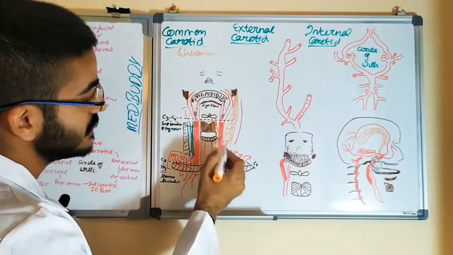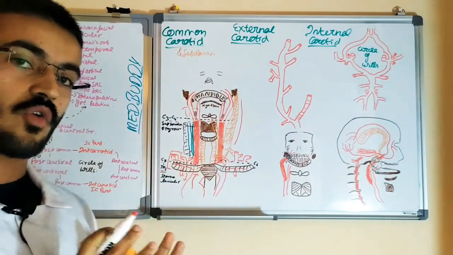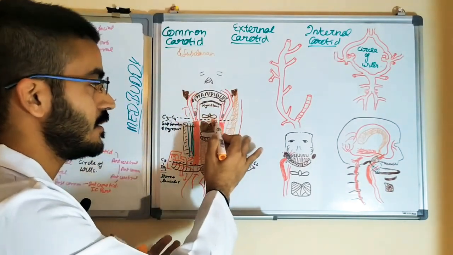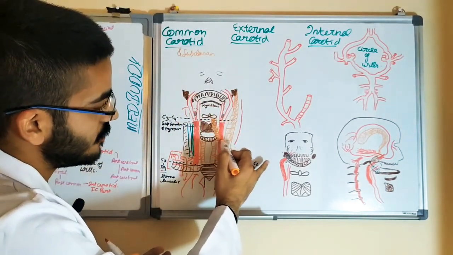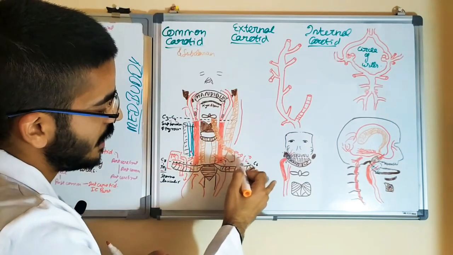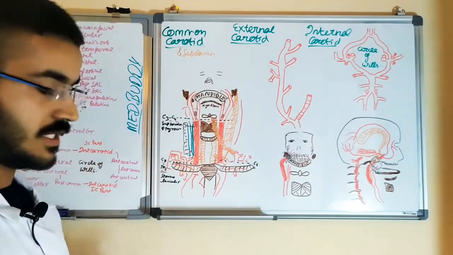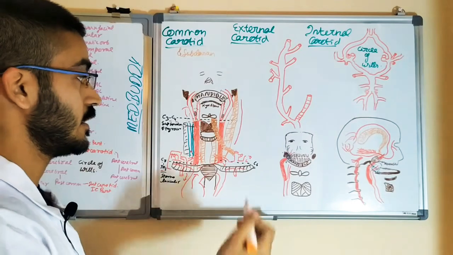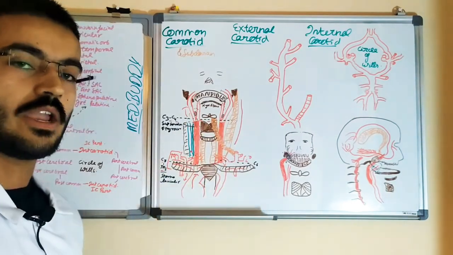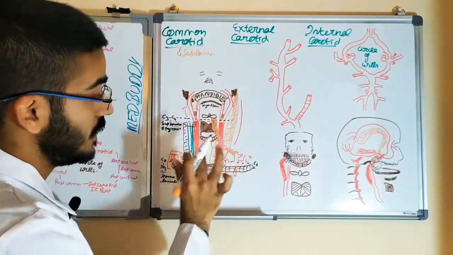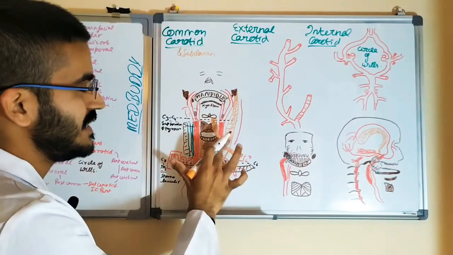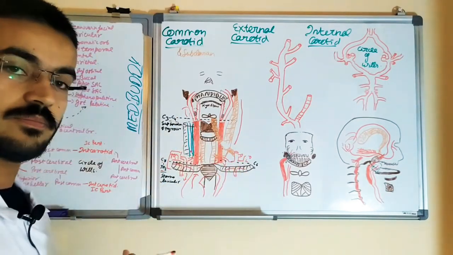This artery is crossed from the medial side to the lateral side by a small but important muscle. This is called the omohyoid. It is basically crossed by the tendon of the omohyoid.